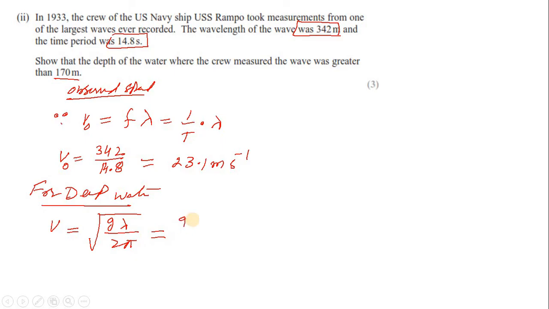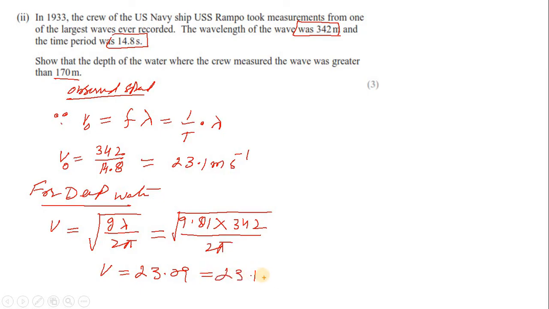So g is 9.81 times 342 divided by 2 pi. On the calculator, it will give you 23.09. Clearly, 23.1 meter per second. That means the measurement was made in deep water.